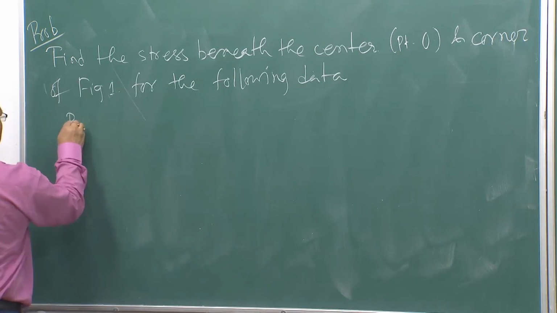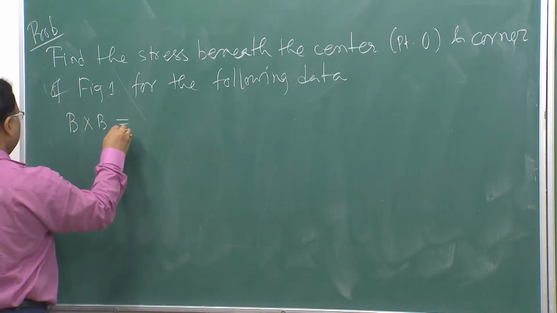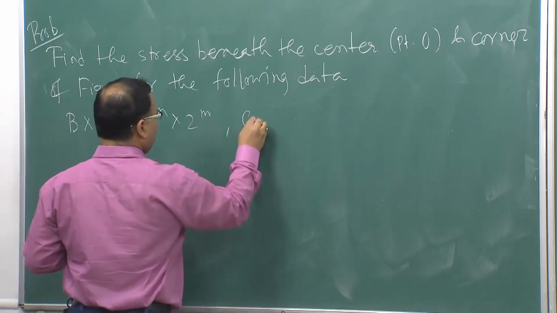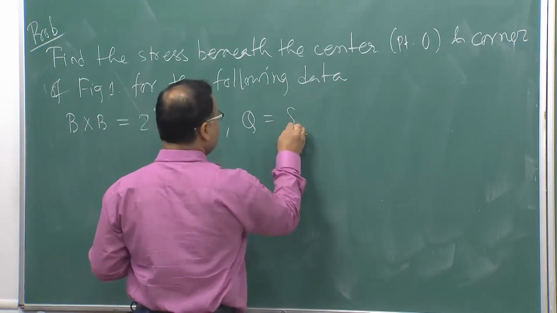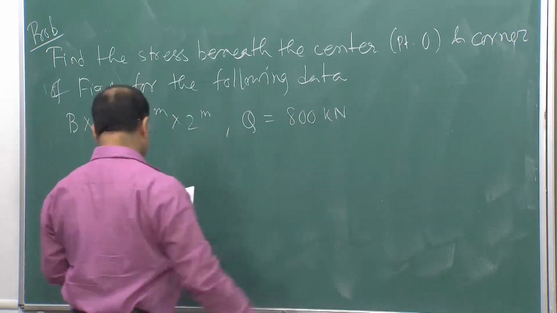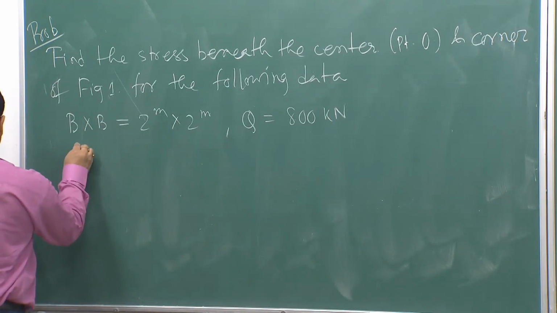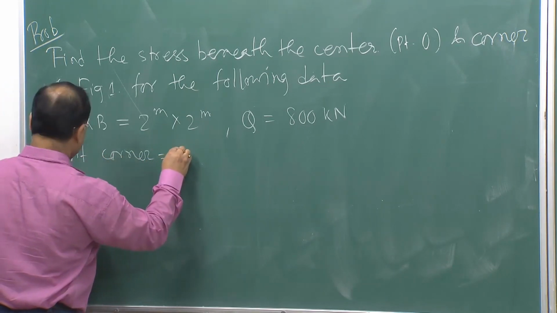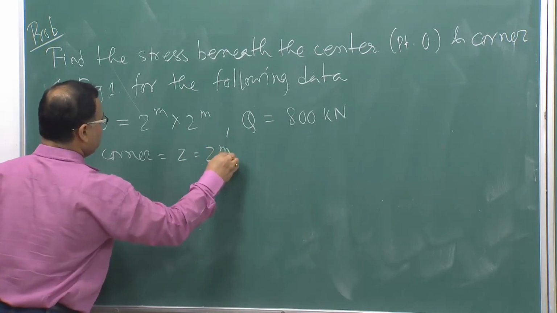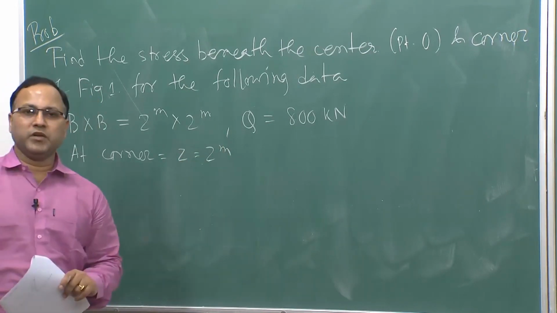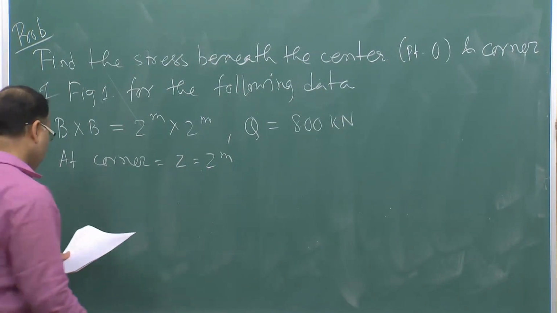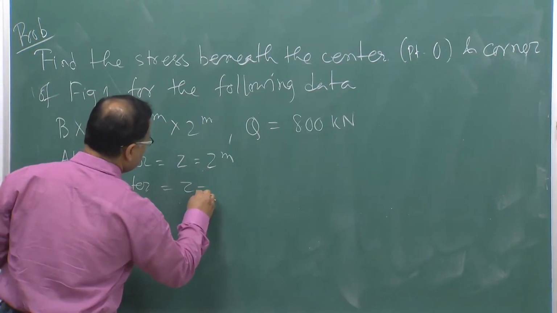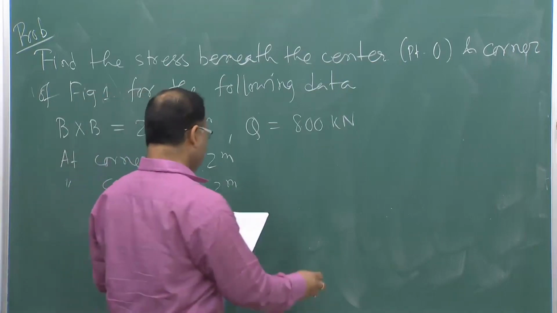The area is B by B, which is nothing but 2 meter by 2 meter, and the total load on that area, capital Q, is 800 kilonewton. The depth at corner is Z equal to 2 meter, that means at depth Z equal to 2 meter you need to calculate the stress, right, and at center Z equal to 2 meter, and the area looks like this.